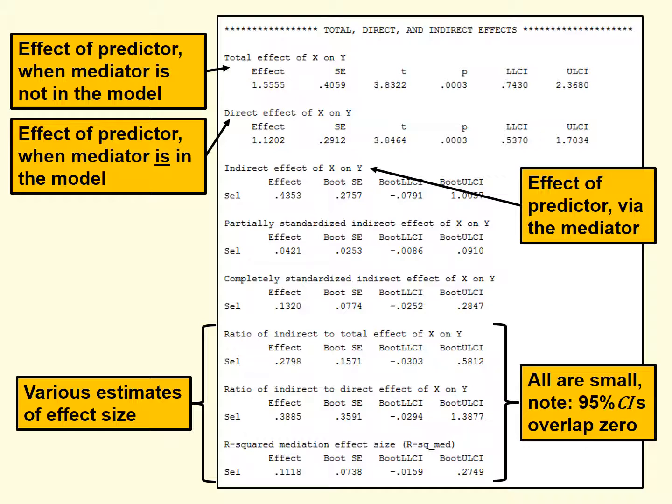Now, there are different ways of estimating the effect size of that indirect effect, how big it is, and it's notable in this example that all of these different estimates of effect size have confidence intervals which are arrived at through a bootstrapping method. These confidence intervals all overlap with 0, suggesting that the effect size of this indirect effect occurring through self-esteem may not be significantly different from 0.